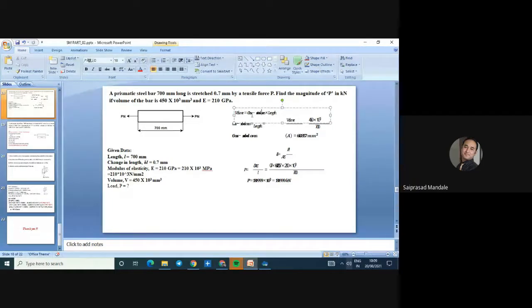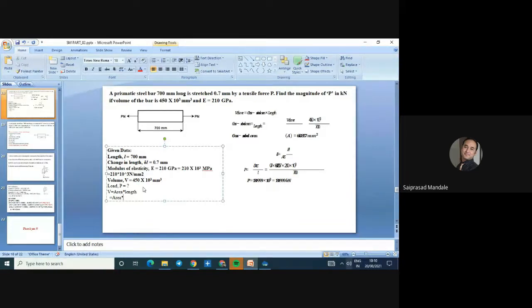Volume is equal to area into length. Do we have area? No, so area as it is.